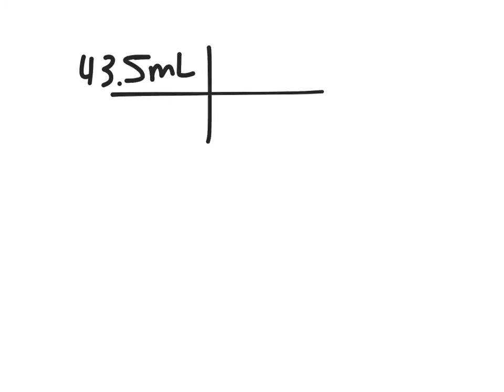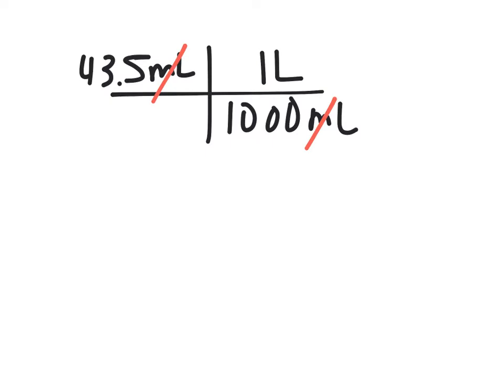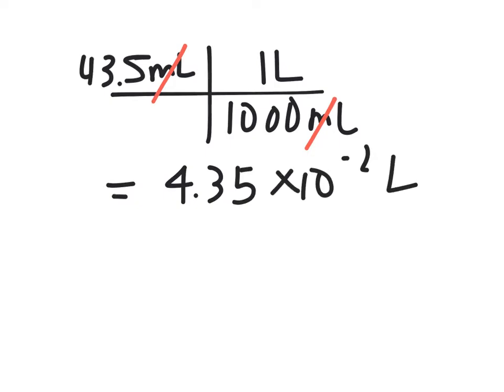So I can take my 43.5 mL, and I know that there are 1,000 milliliters in every liter. My milliliters cancels out, telling me that my solution volume is 4.35 times 10 to the minus 2 liters.